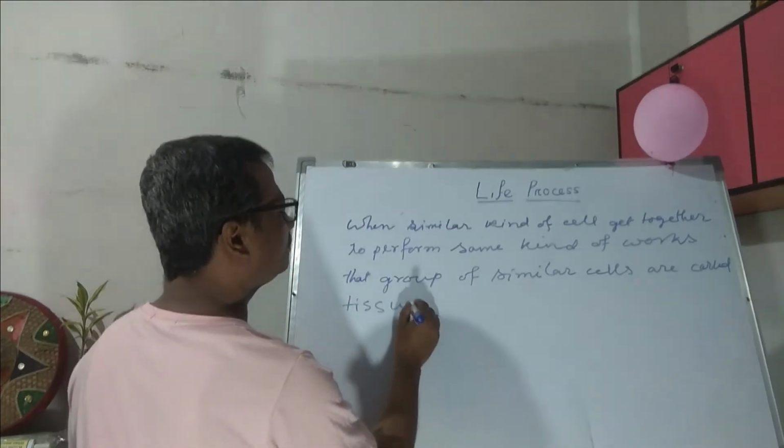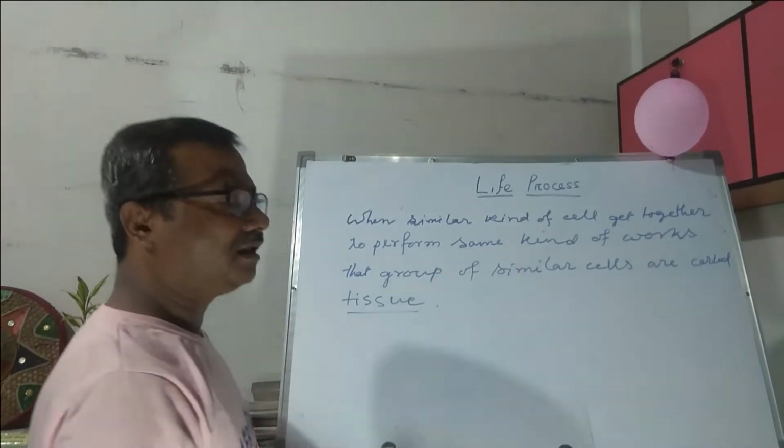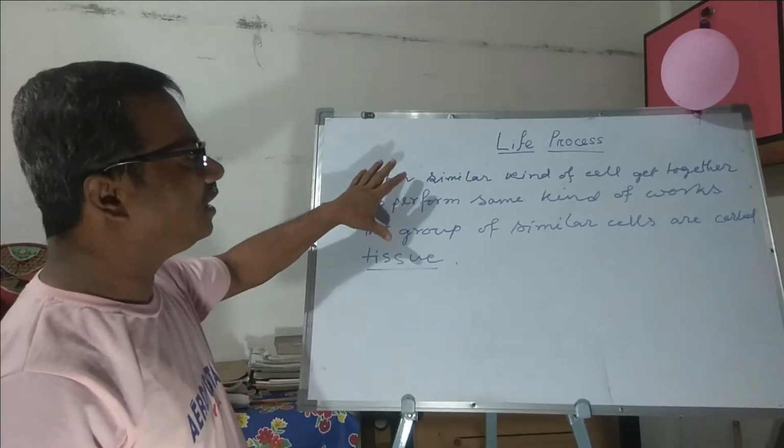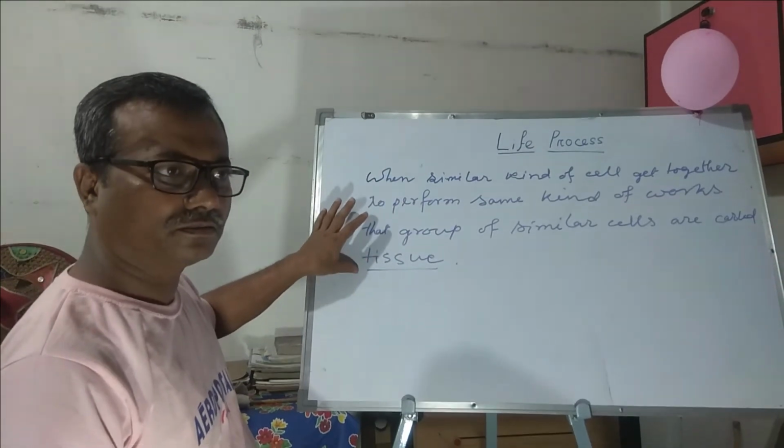What is tissue? A group of cells that get together and perform similar kinds of work are called tissue.